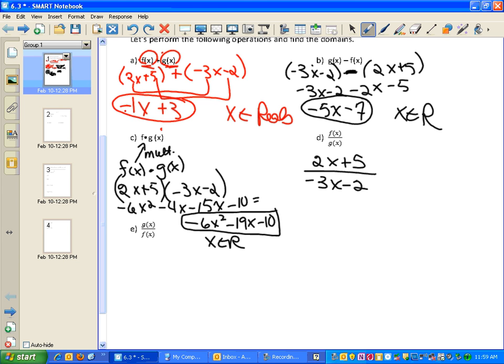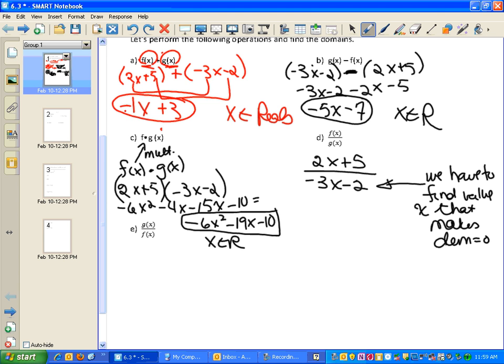So we need to figure out what x value would make that denominator 0 by setting that denominator equal to 0 and solving for x. So we have to find the value of x that makes the denominator equal to 0.